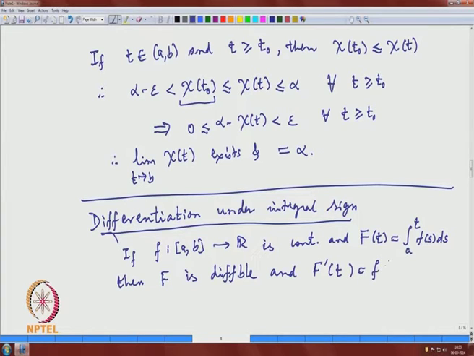So, what I am going to state is a generalization of this. Okay. This you remember. So, this is a generalization of this.